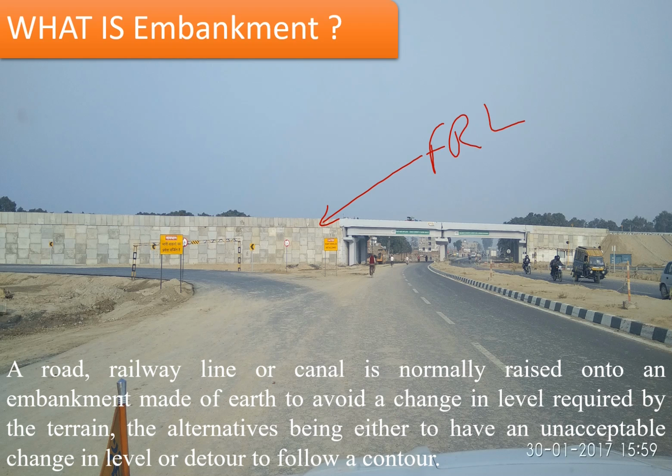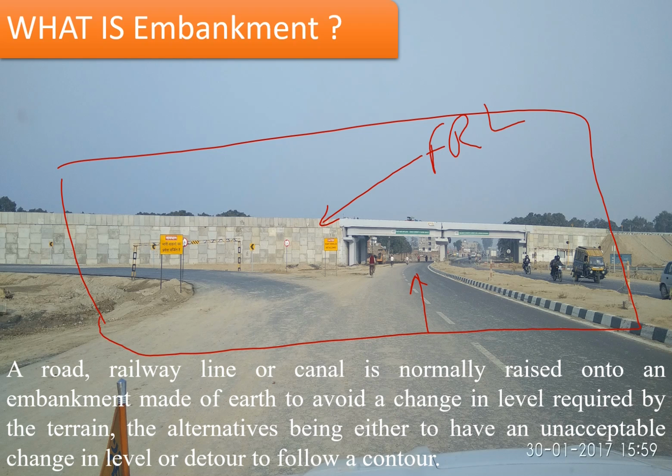Now you have an existing road which is crossing the new road from below. So you have to elevate the section at this location in order to make the movement of vehicles free from both directions.